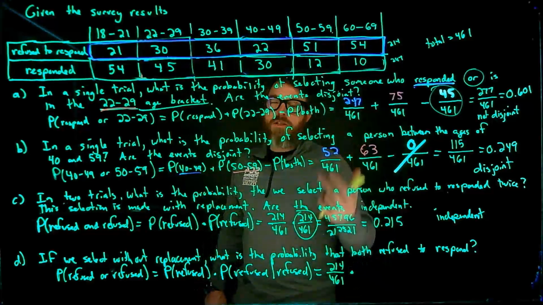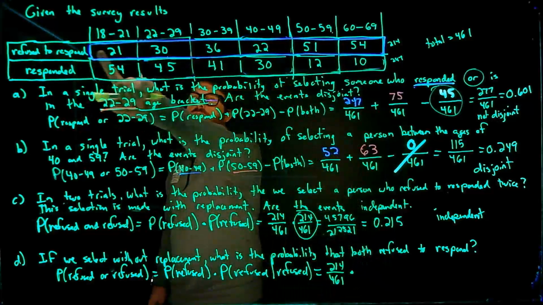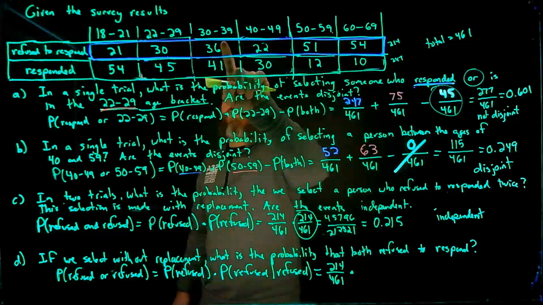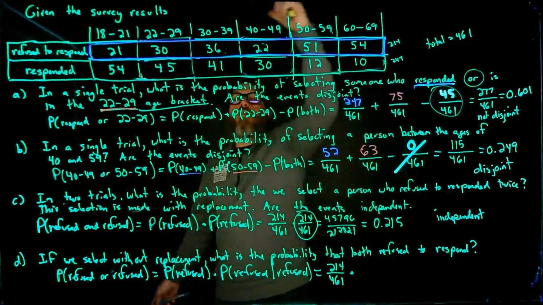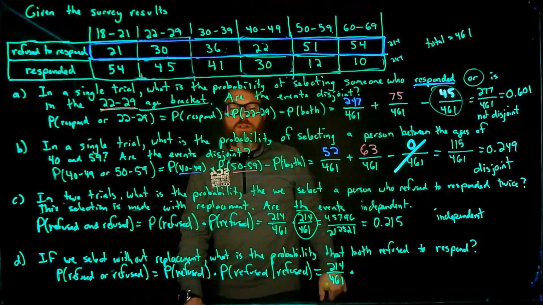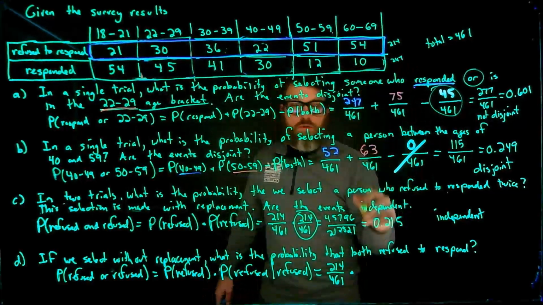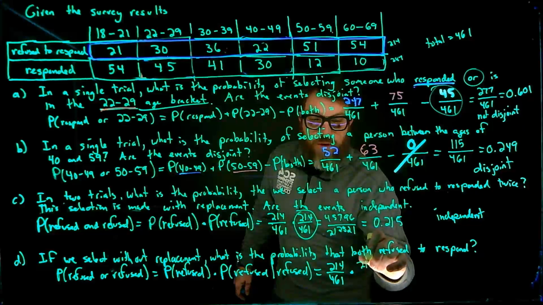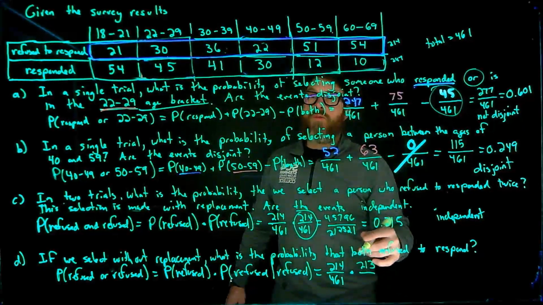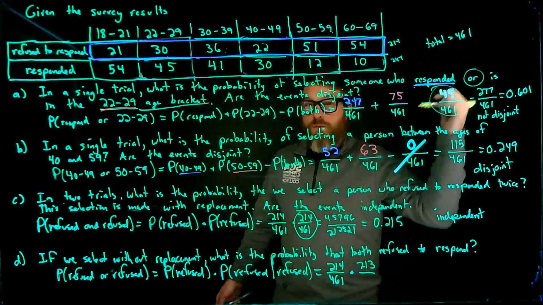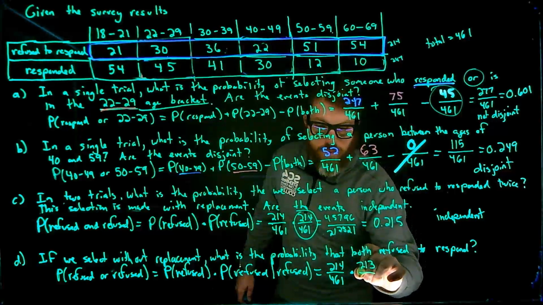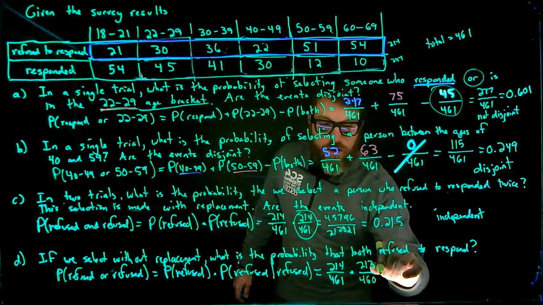Now I've successfully grabbed a refused person, so the refused to respond, I don't know where they are. This one now, let's say this one right here is now 35 instead, because I've gotten rid of somebody. So that means this sum, instead of being 214, is going to be actually equal to 213, because I got rid of one of those people. And if I get rid of one of the refused, that means I also got rid of one of the totals, so this is going to be equal to 460 as opposed to 461.